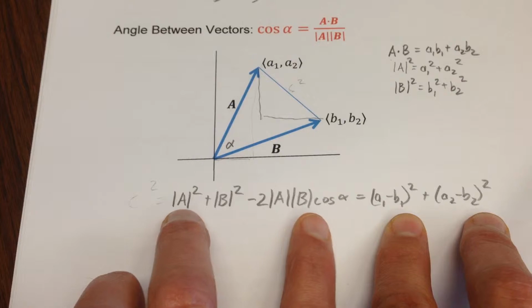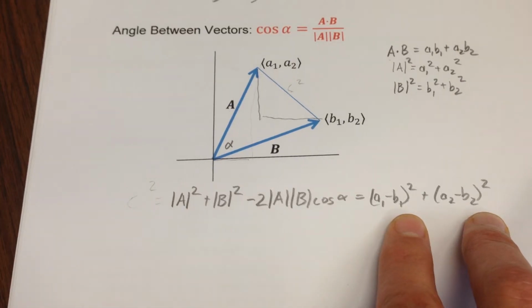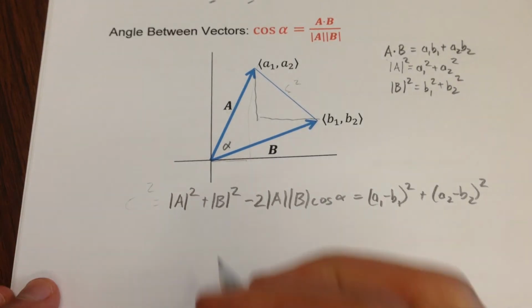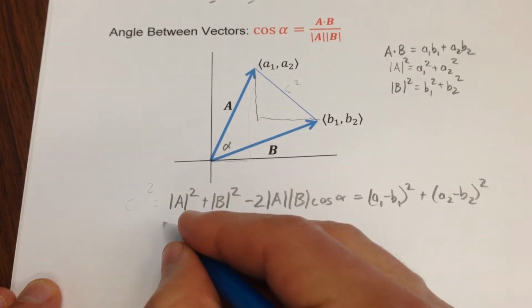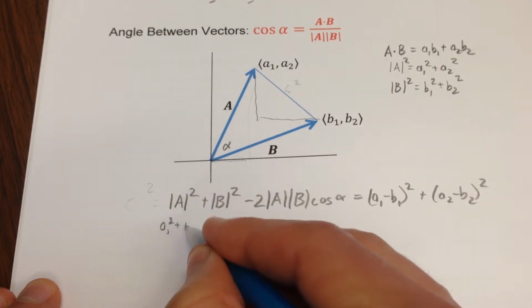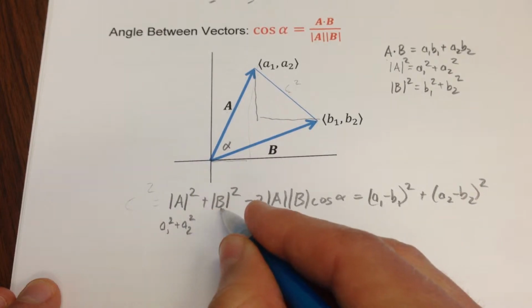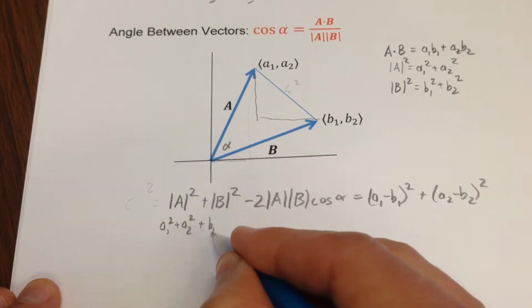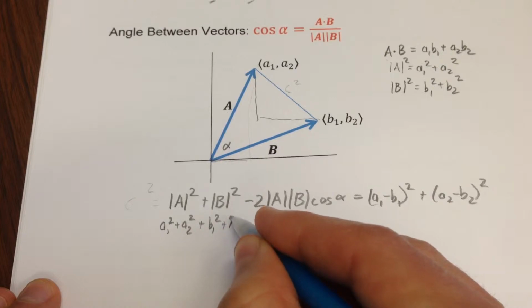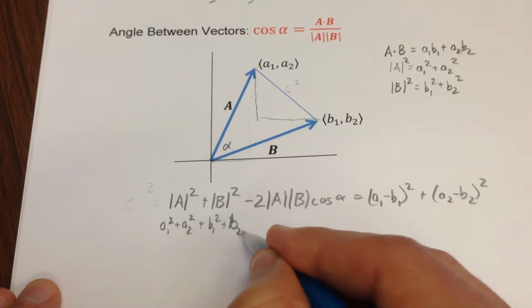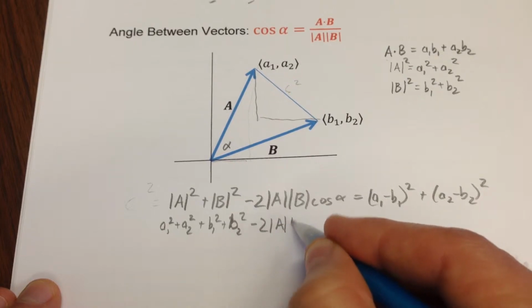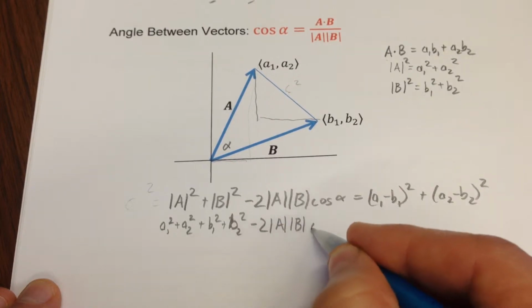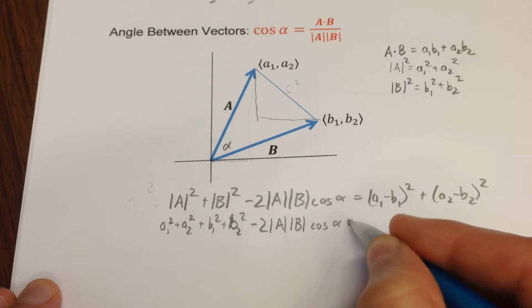Okay, so now we have an equation, right? Let me think about what all of those components are. Well, we agreed that this up here was A1 squared plus A2 squared. Magnitude of B squared is B1 squared plus B2 squared, minus 2 magnitude of A times magnitude of B cosine alpha.